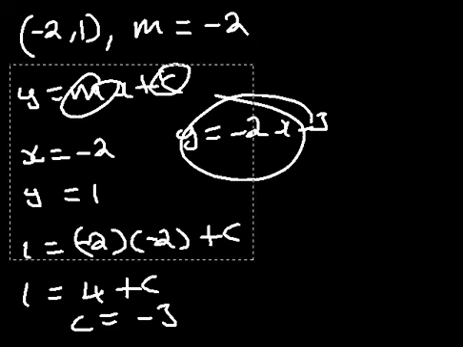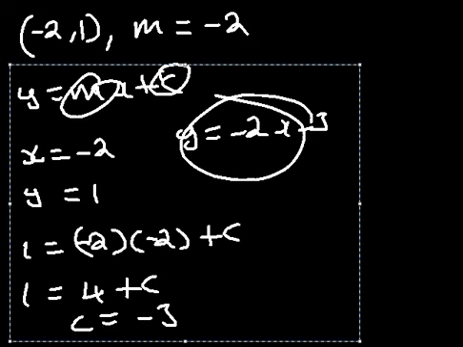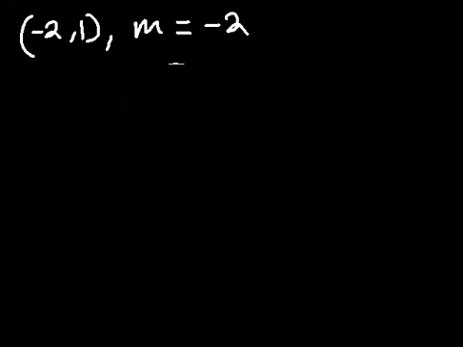Or else we can also use the point slope formula. So what is the point slope formula? Since we have only a single point as well as the gradient, I have to introduce another point, a neutral point with coordinates (x, y).